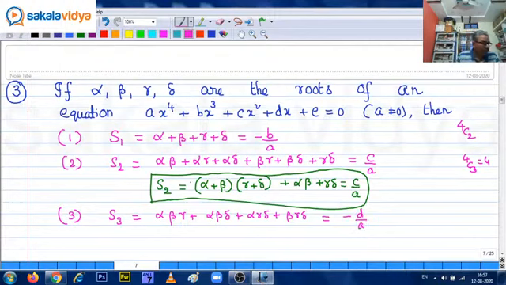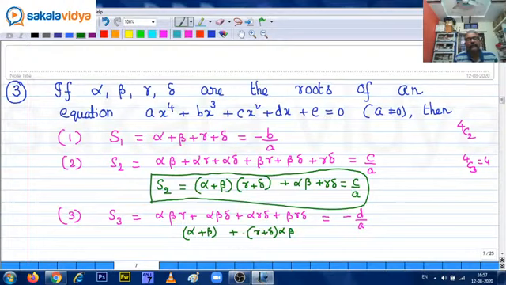Okay, this can be remembered like this. Alpha plus beta, write down bracket, plus here gamma plus delta. Gamma delta, multiply with alpha beta.